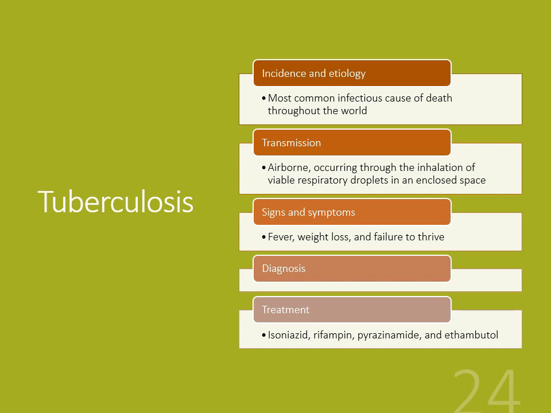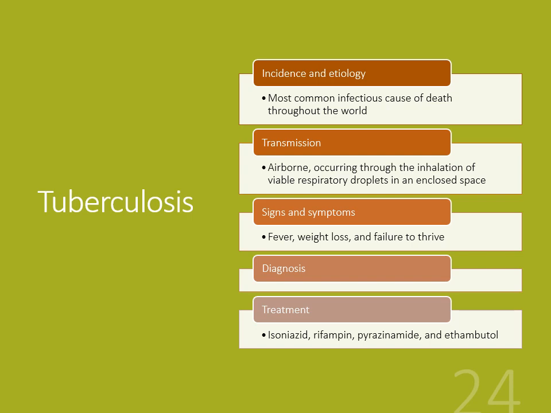Tuberculosis. TB is the most common infectious cause of death worldwide. Although the frequency has declined since the 1980s and early 1990s, the disease is starting to rear its head again in association with HIV. Patients infected with tuberculosis are often the medically underserved, those that live in poverty, or those with HIV or who are immunocompromised.